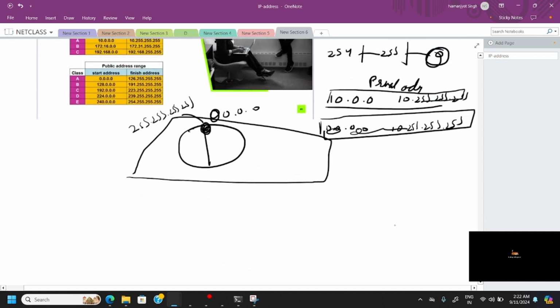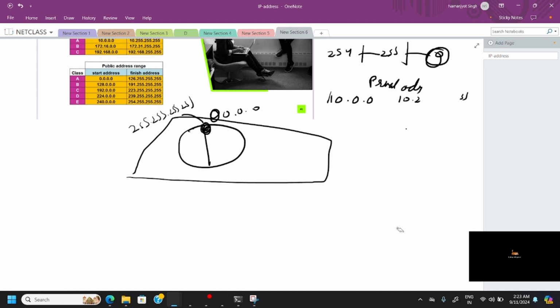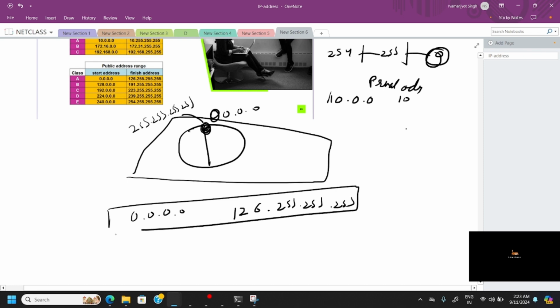So let's talk about class A address. It is 0.0.0.0 to 126.255.255.255. This is the class A address.